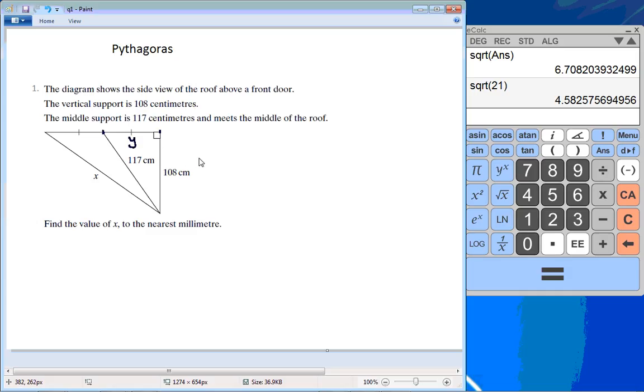So using Pythagoras formula, y squared plus 108 squared is equal to 117 squared. So we take 108 to the other side. So therefore y squared is equal to 117 squared minus 108 squared. Then we're going to take the square root.